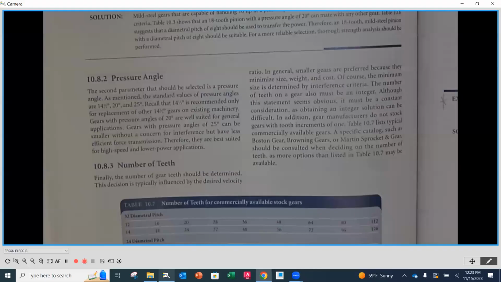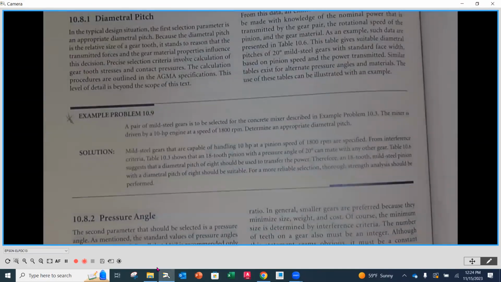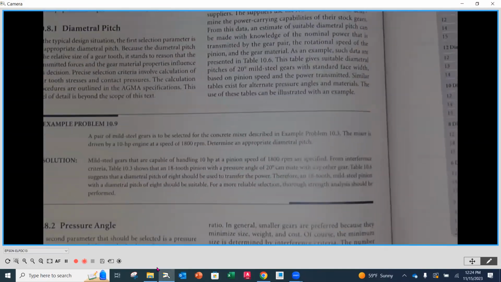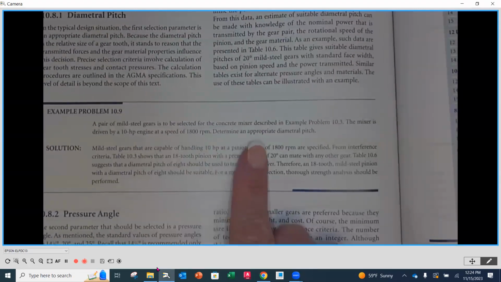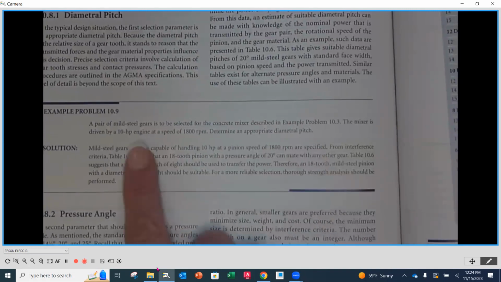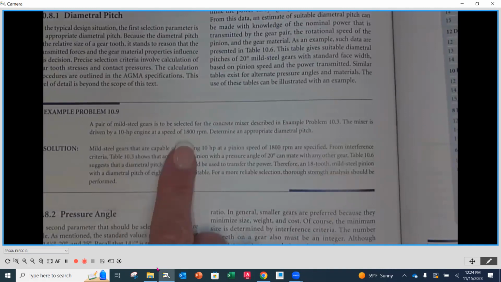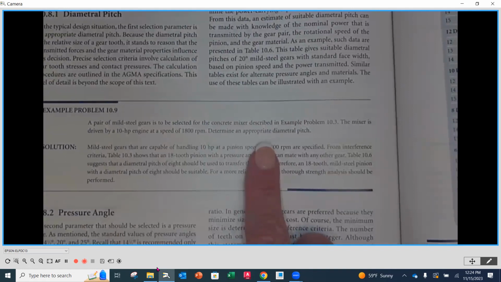So we have a pair of mild steel gears that we've selected for that concrete mixer that was described back in problem 10.3. The mixer is driven by a 10 horsepower engine at a speed of 1800 RPM. Determine the appropriate diametral pitch.